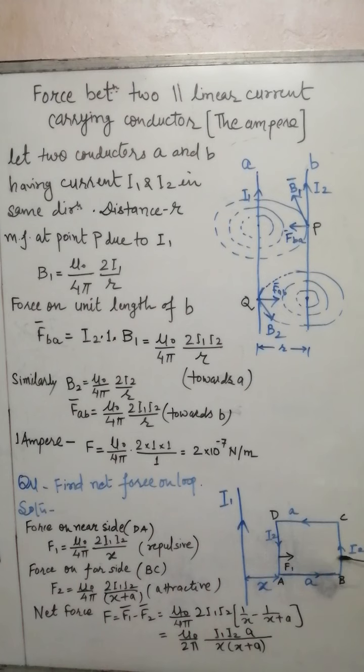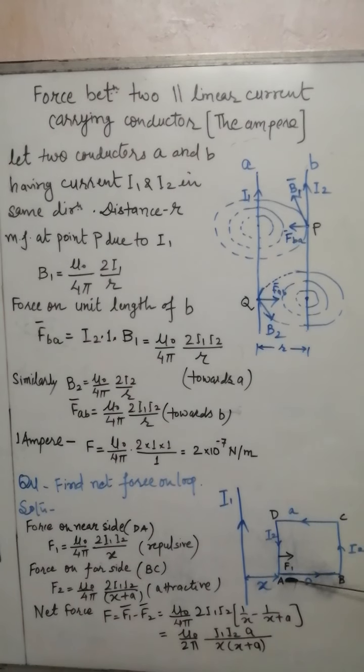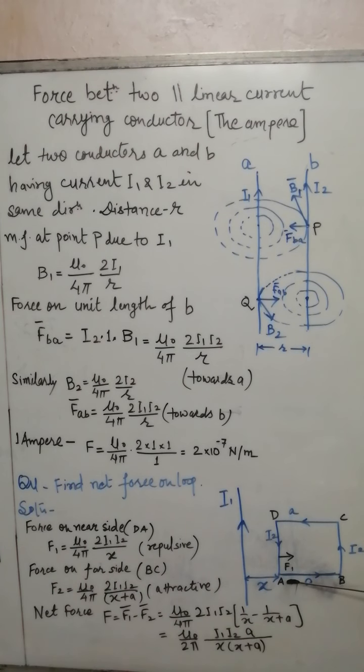So it is different for these two wires, and for the other two it is the same. A current carrying conductor experiences a force given by F equal to ILB. So the force on the near side, DA, F1, will be mu naught by 4 pi 2 I1 I2 by x.